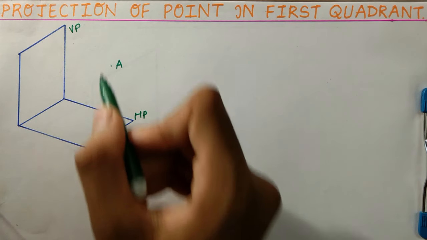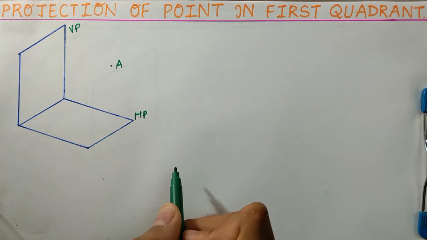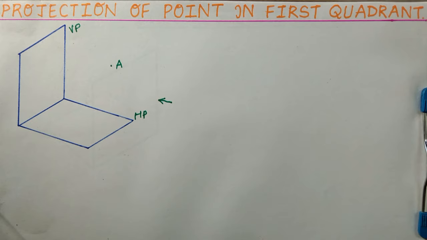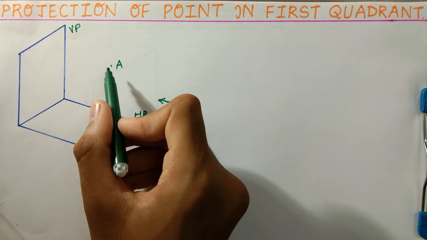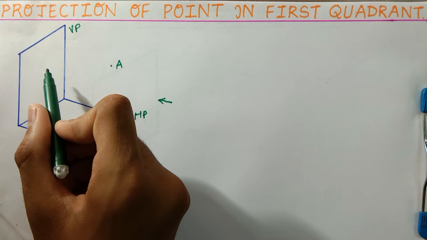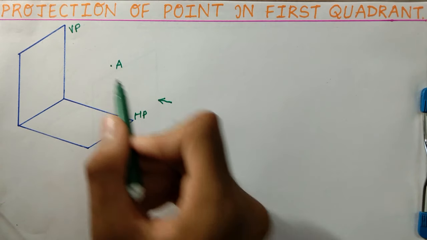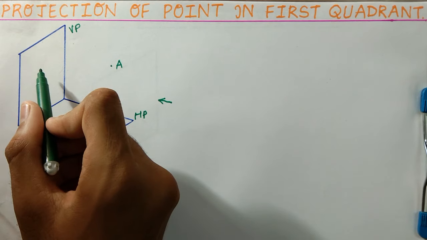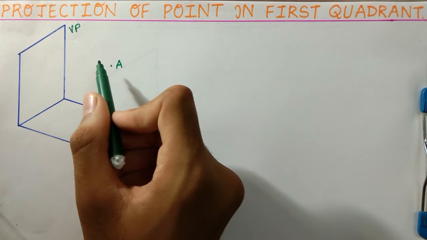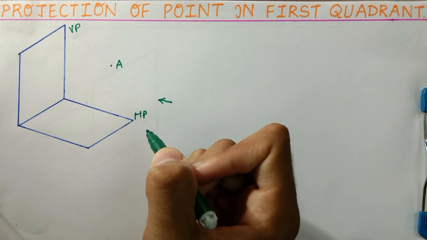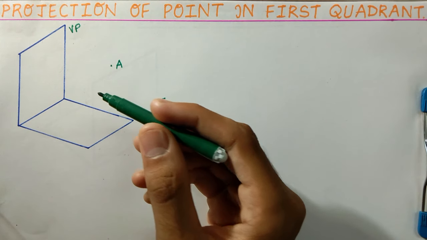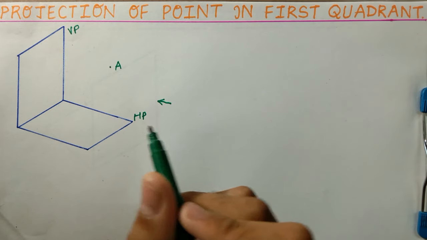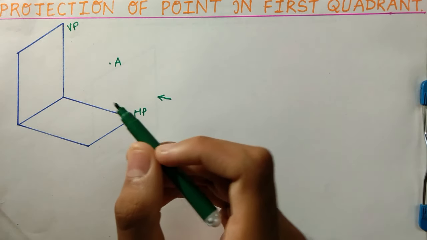Now when we observe this point A from the front, means from this direction, then we can project the view in the vertical plane. Means whatever we see is a point A, that we have to project it in the vertical plane with the help of the projector. This projector is basically our assumption which has to be drawn for determining the distance only.